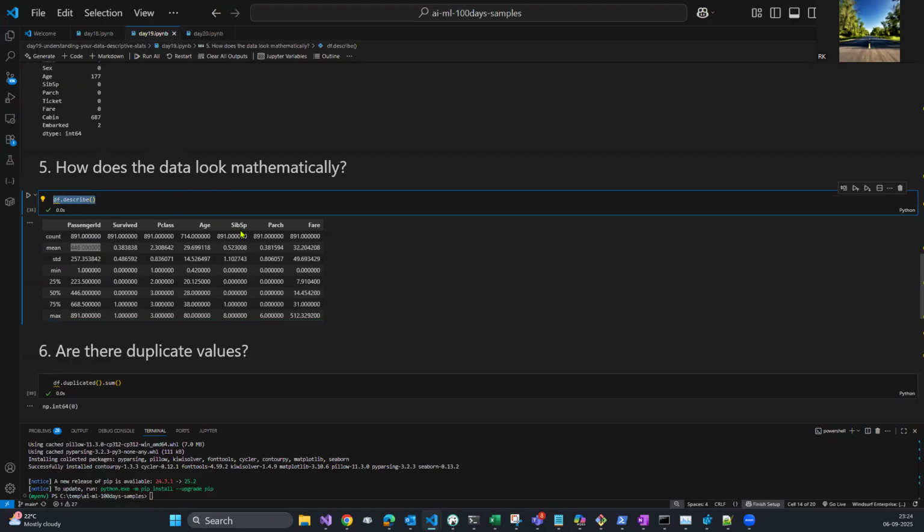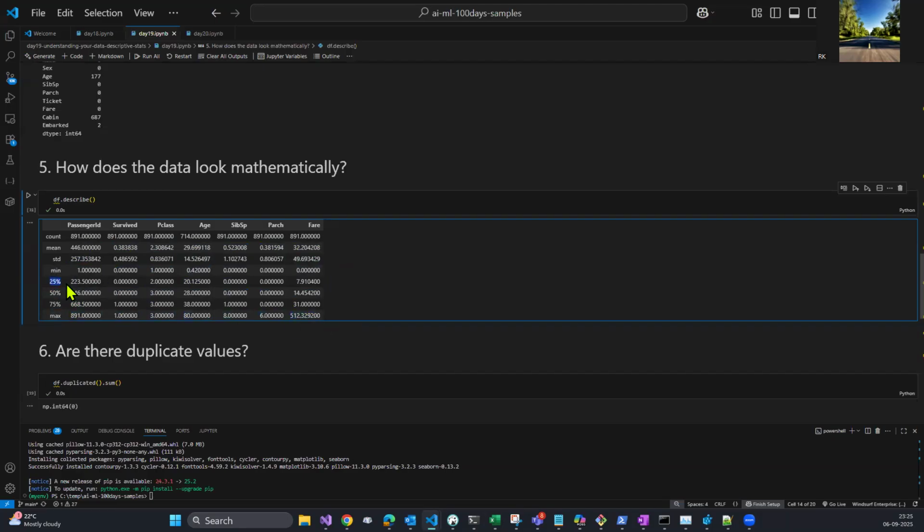That's where you will see only numerical data types are included in this analysis. So here the mean of all these numerical data values has been given. Similarly, the standard deviation has been given, the min and the max.